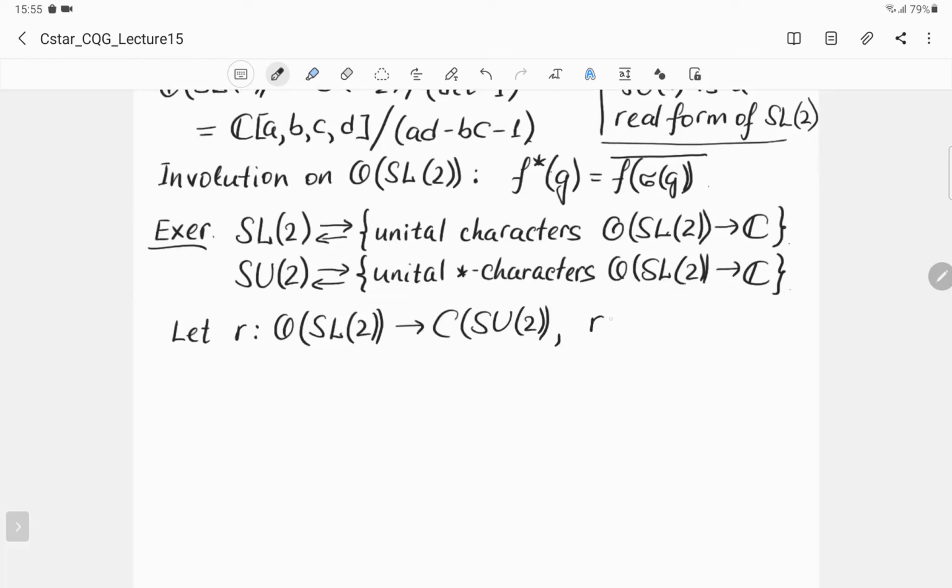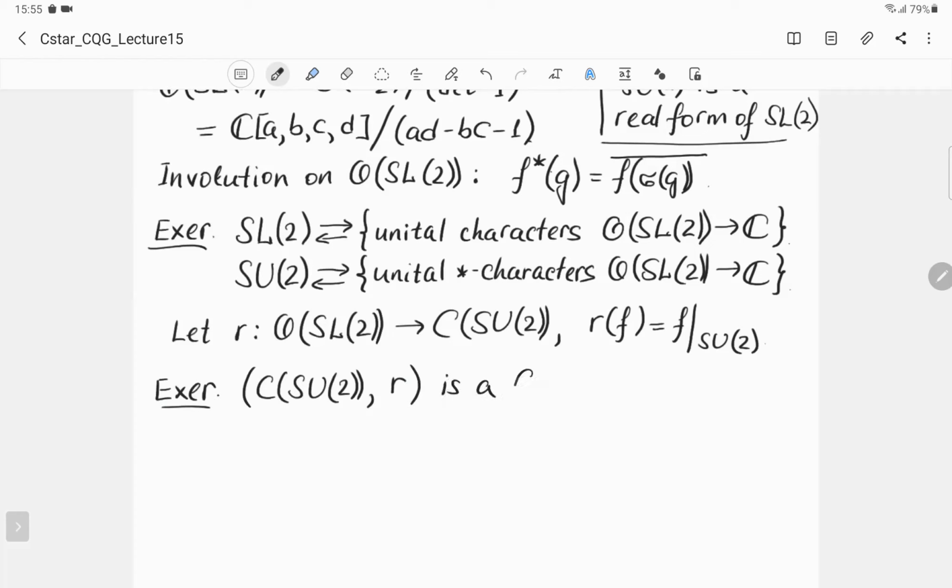It's just the restriction map. Each regular function is continuous, so we just restrict f to SU2, and we get R. And we have the following simple exercise. The algebra of continuous functions on SU2, together with this map R, which is clearly a star homomorphism, is a C-star envelope of the algebra of regular functions on SL2.